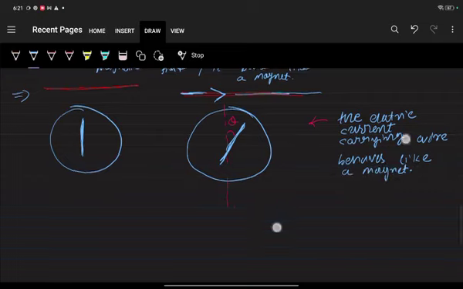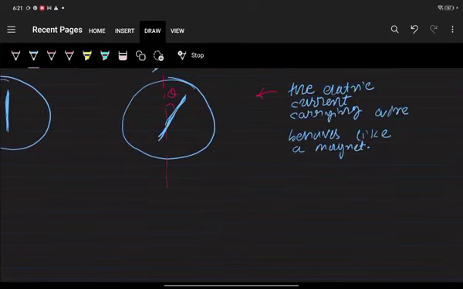This is because of the magnetic effect of the electric current which is passing through the wire, right? Yes, sir. So it means that the electric current through the copper wire has produced a magnetic effect, right?